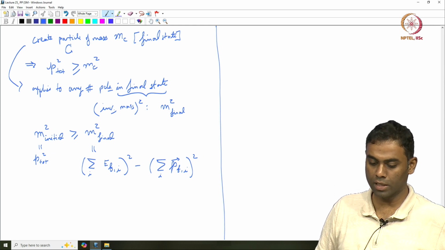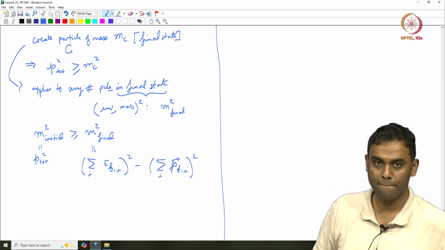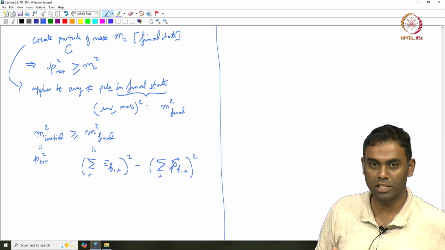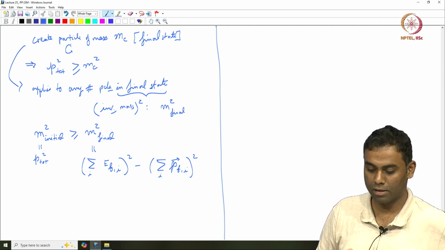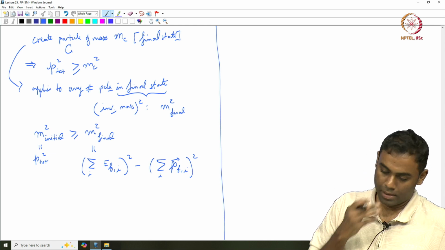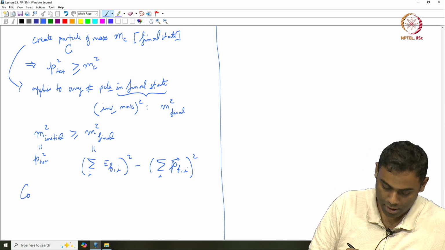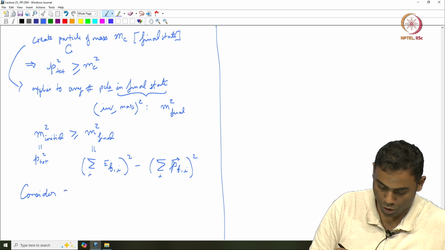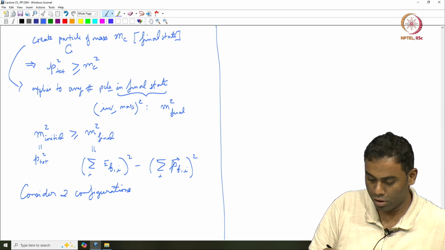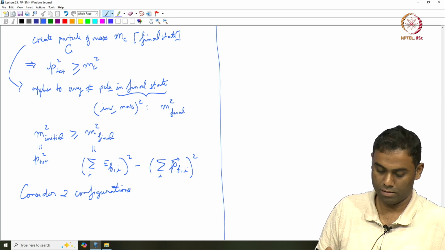So, this is the condition in general. The fun is when we actually look at specific situations in which this condition is applied. Let us consider two configurations, the most popular configurations in which particles are created in laboratories called colliders.